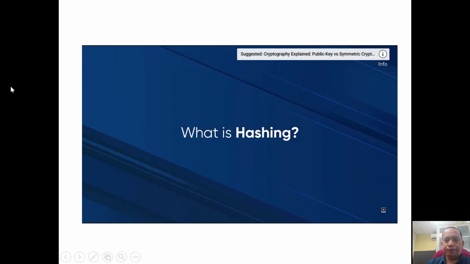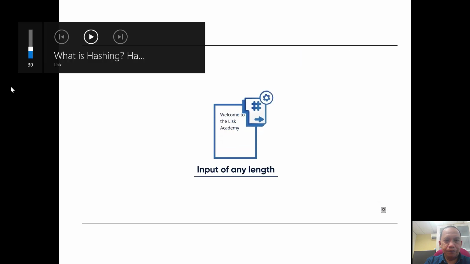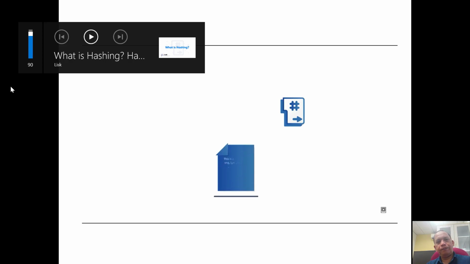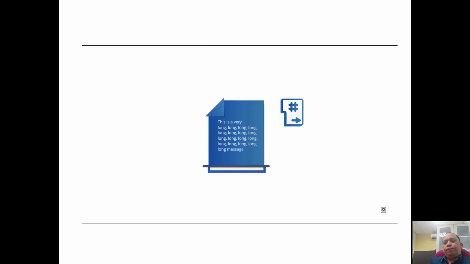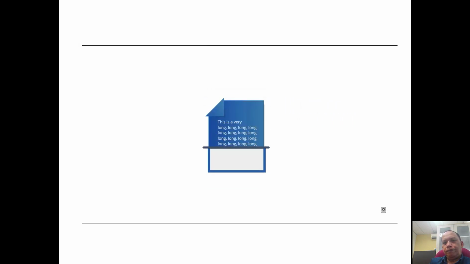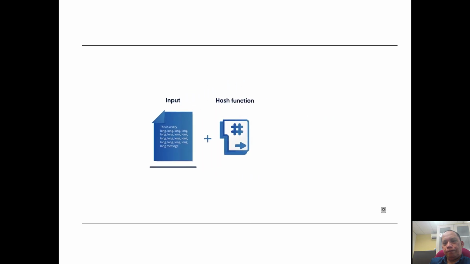What is hashing and what does it do? Hashing is the process of converting an input of any length into a fixed style string of text using a mathematical function. This means that any text, no matter how long it is, can be converted into an array of numbers and letters during an algorithm. The message to be passed is not input. The algorithm is to do so is not a hash function.